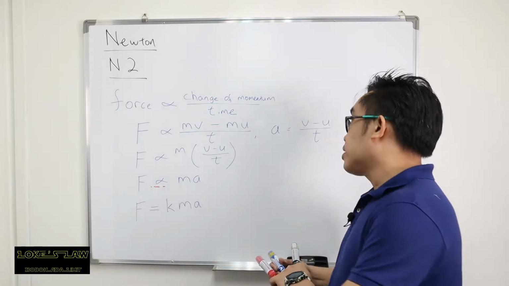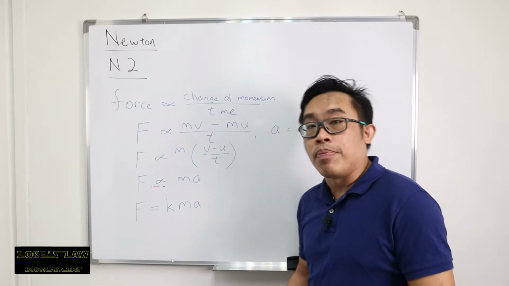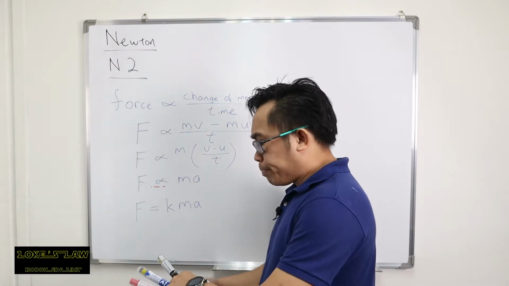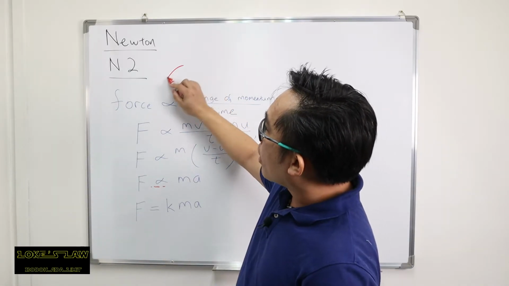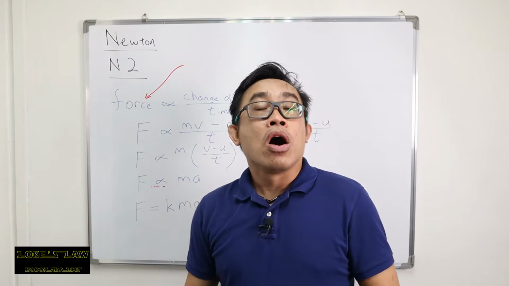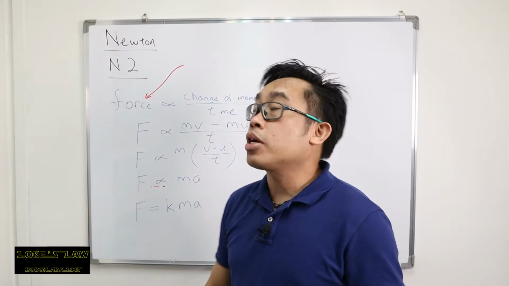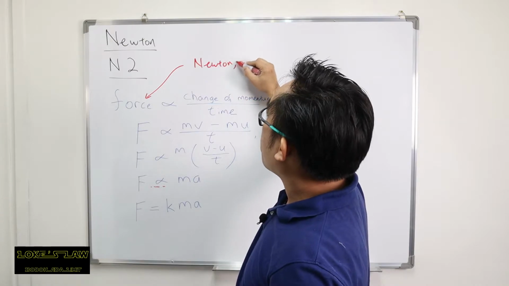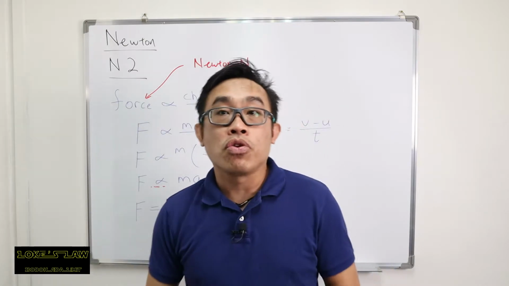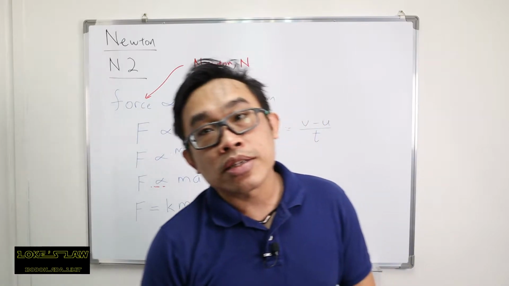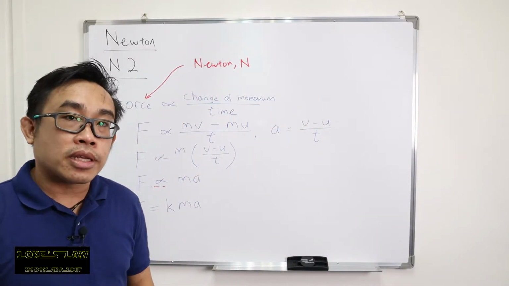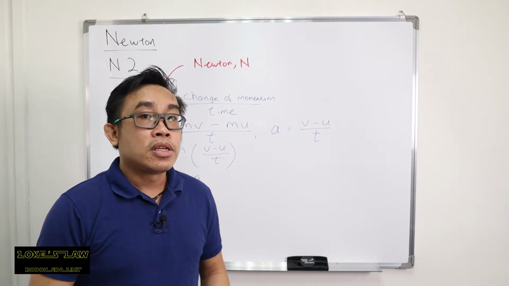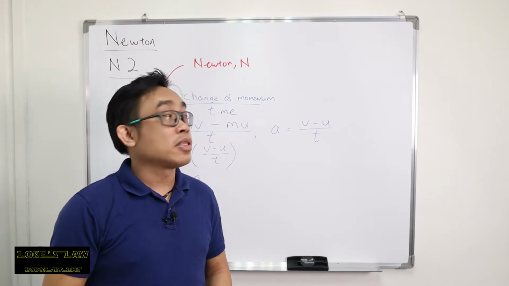What does this k represent? I want you to understand that force can be measured in Newtons, or the short form, N. I think a lot of you know about it. But Newton is actually the name of a person.